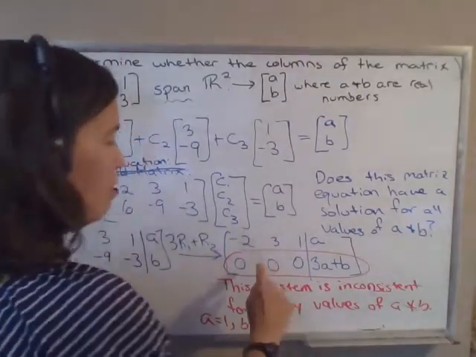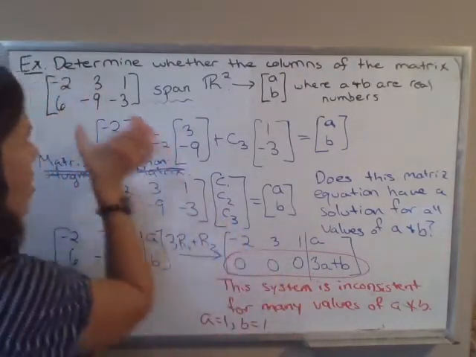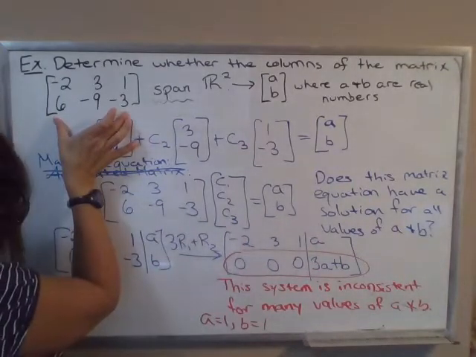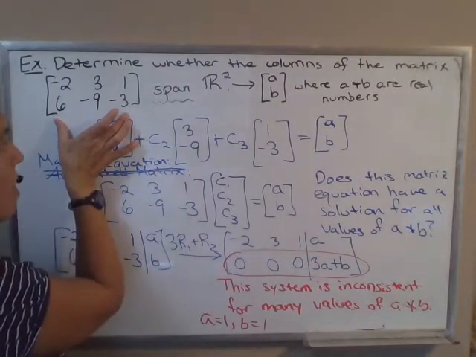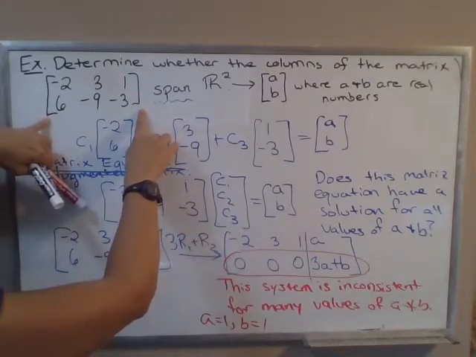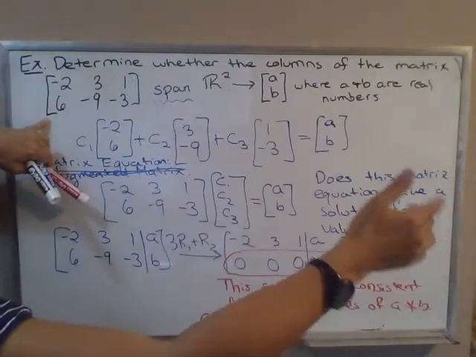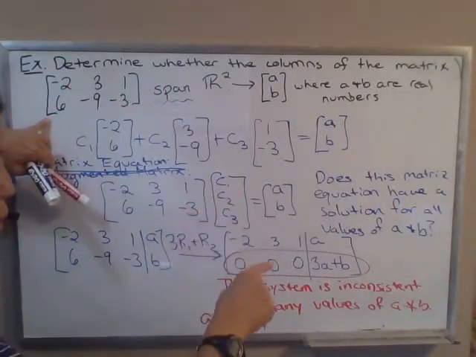Because there is no pivot in row 2 once we reduce this matrix, that's why you have that shortcut in the theorem that says the columns of a matrix will span Rn for an n by n matrix if there's a pivot in every row.